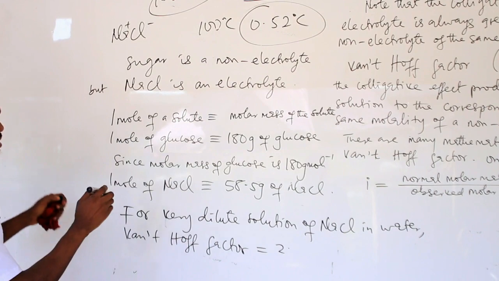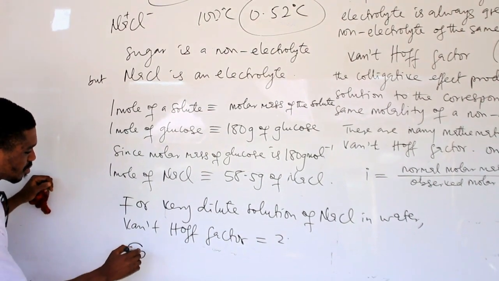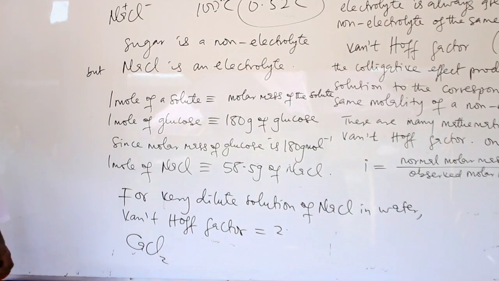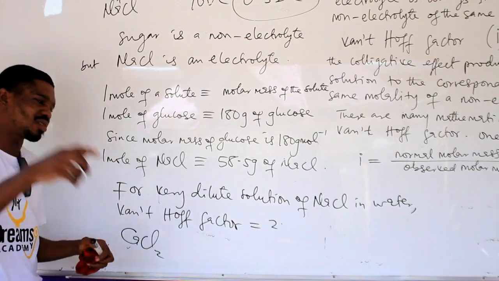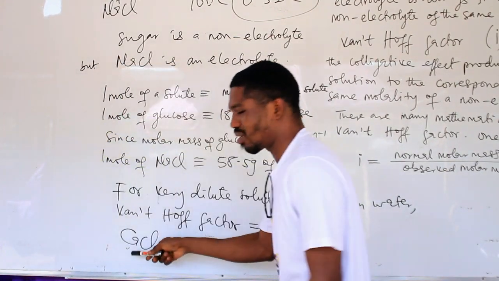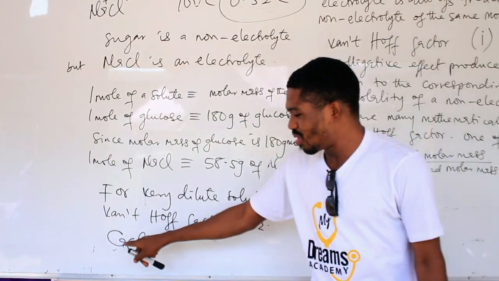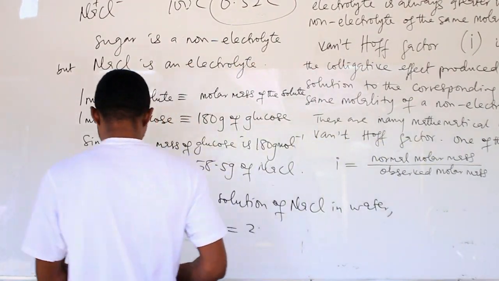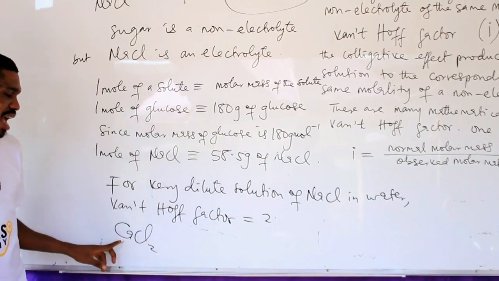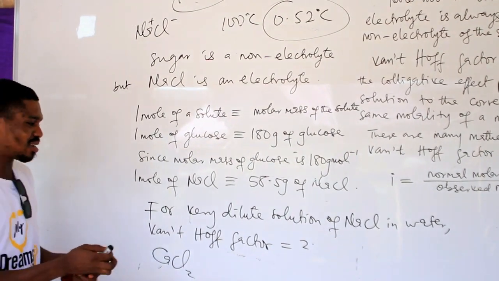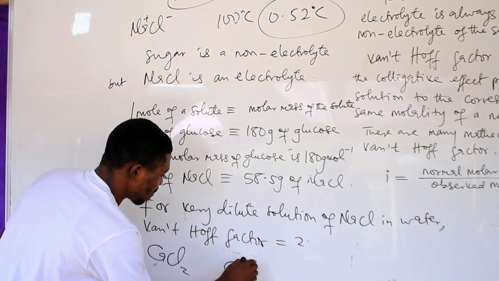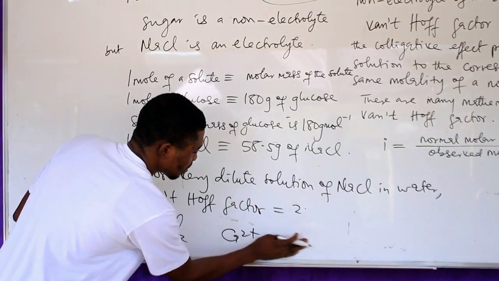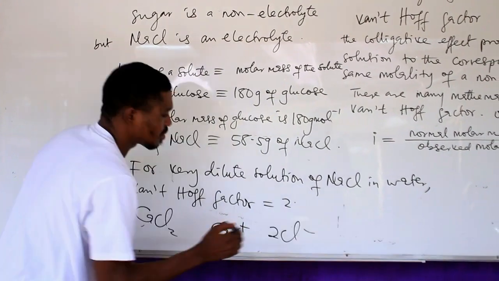Now, in case you ask for extreme dilution of calcium chloride, what do you think will be the Van't Hoff factor of calcium chloride? It will be 3, because you are going to have 2 chloride ions and 1 calcium ion. You are going to have this and this, and this.